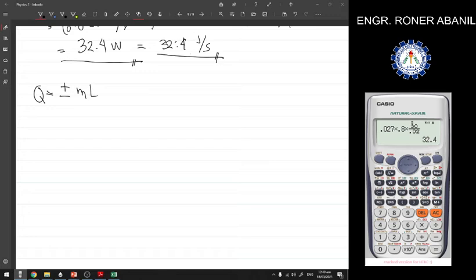Tapos, yung T natin is 3 hours. Yung Q kasi natin dito is pwede nating sabihin yung HT to. Tapos, yung time natin is 3 hours. 3 oras. Natin itong i-convert ng second, no?